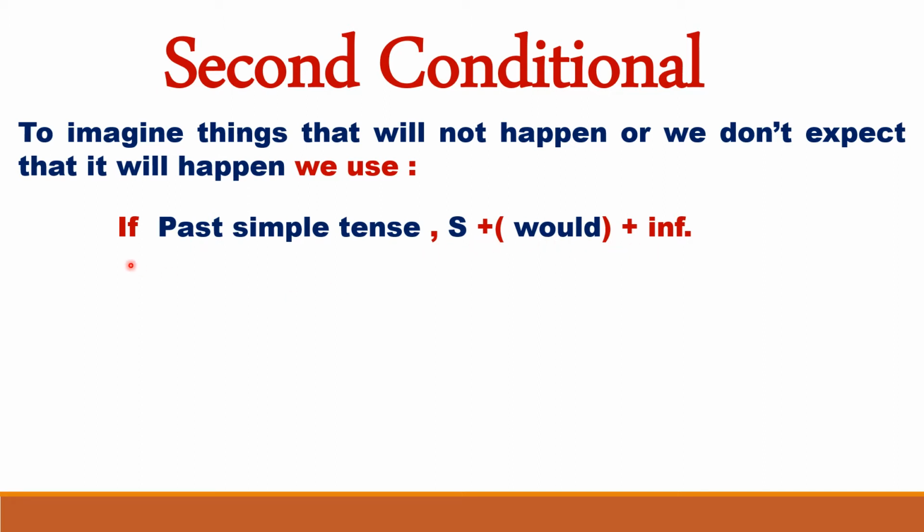The form of second conditional begins with if clauses, and we have two parts of a sentence. There is a condition and a result: the condition of the if clause, and the result or main clause.